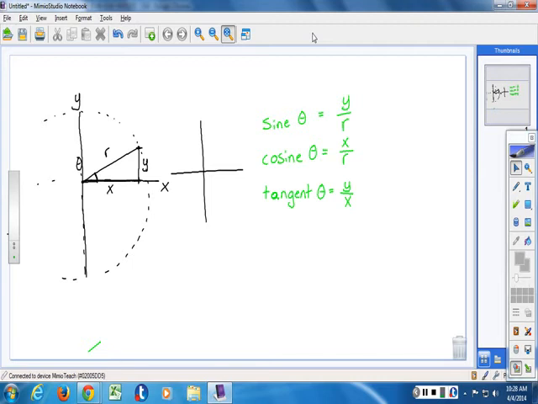So sine, cosine, tangent. And there's a reason that I wrote them in that way.